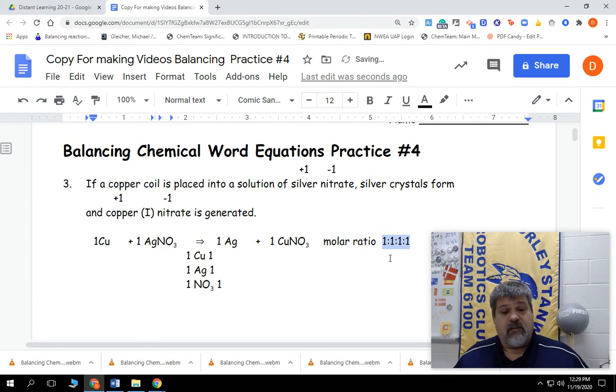We look at it, can't reduce it, so we're good. We're going to put it in bold and put a color on there. And there we go, there's our molar ratio for problem number 3 of practice number 4. So there's our balanced equation. We're all set. That one was pretty easy. Hopefully the rest of them are easy, especially on the assessment. As always, go Mohawks, and Nelson out.